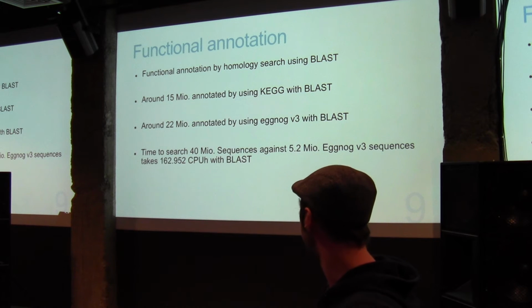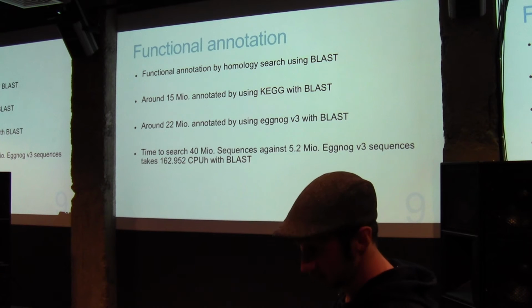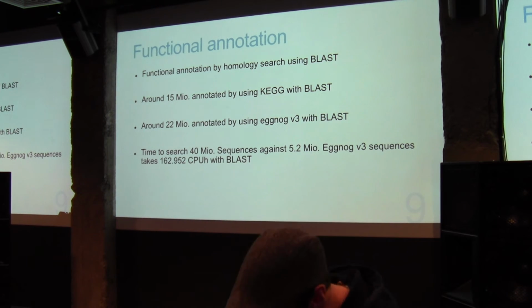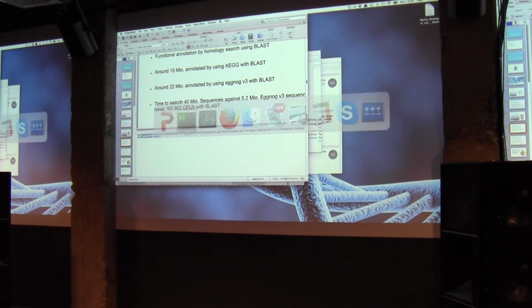So running this 40 million against this 6 million. And I did the same thing with MMseqs in around 180 times the speed of this. And I want to show you how I did it.